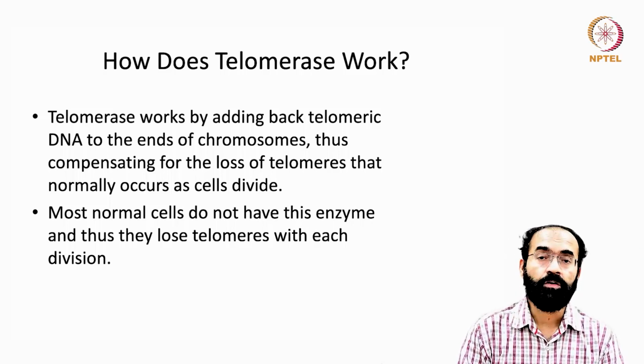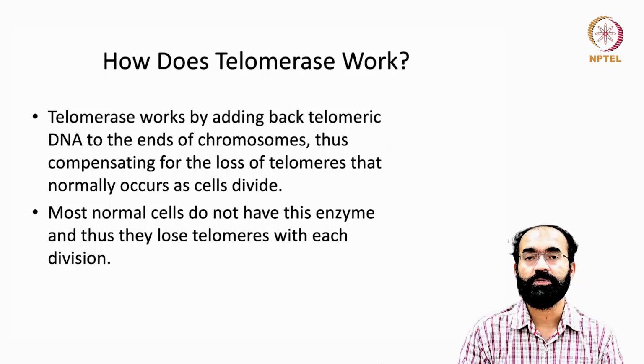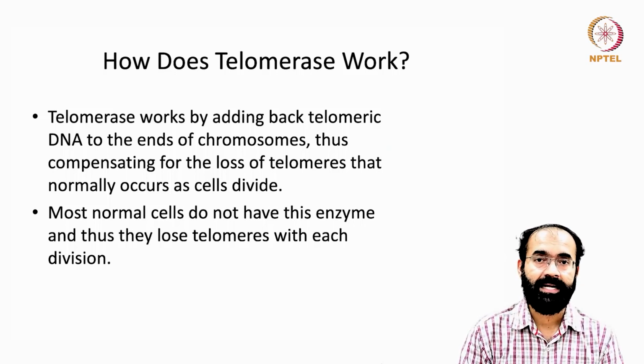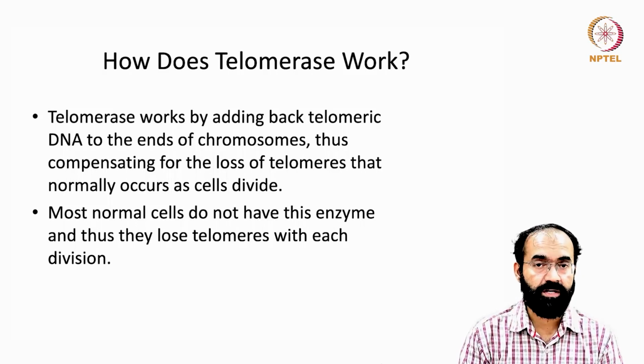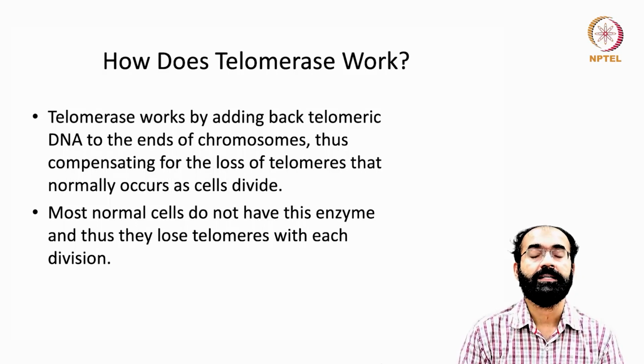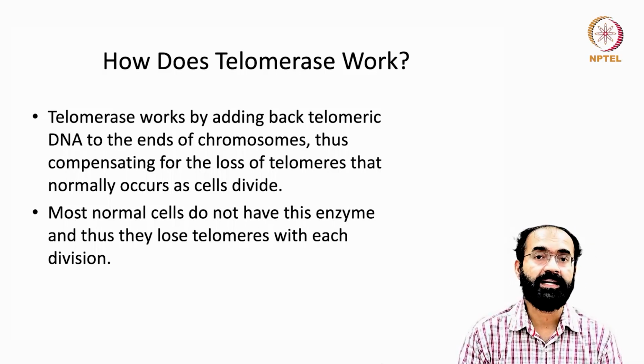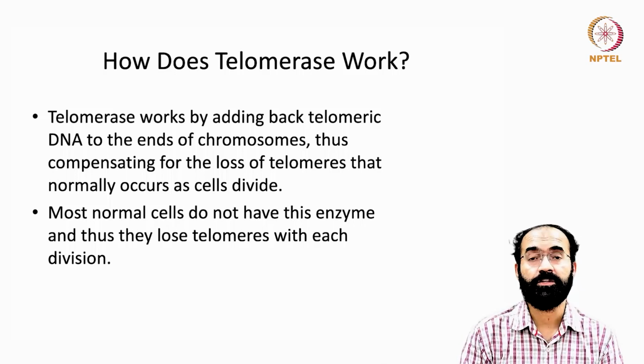Also you should understand that not every chromosome has equal length of telomeres, and their rate of decline also will not be the same. So it can vary from cell to cell.